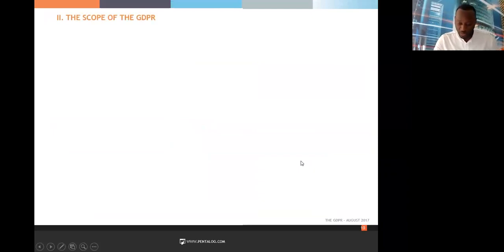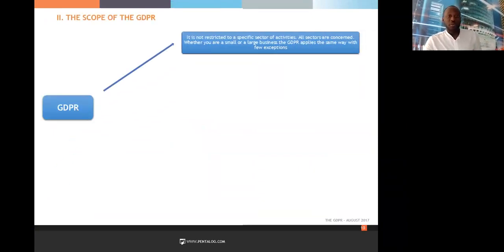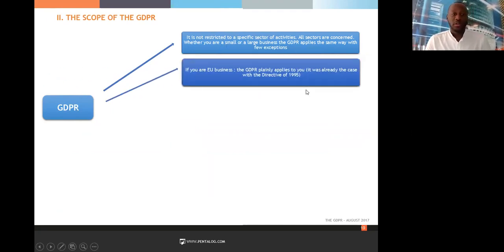So now let's move further. If I want to sum up this first part, the GDPR is not restricted to specific sector activities. It applies to all sectors concerned. Whether you're a small or large business, the GDPR applies the same way with few exceptions. Then, if you are an EU business, the GDPR plainly applies to you. It was already the case with the directive in 1995.